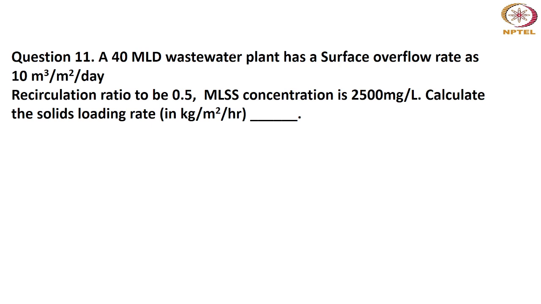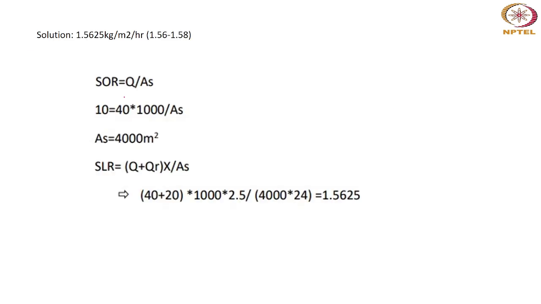The surface overflow rate was given as 10 meter cube per meter square per day, and RR, which is the recirculation ratio, is given as 0.5, MLSS concentration 2500. So SOR is nothing but Q, that is the flow rate, divided by the surface area.